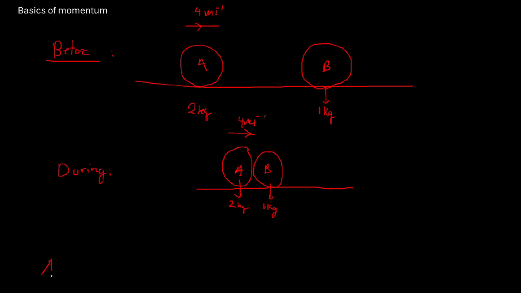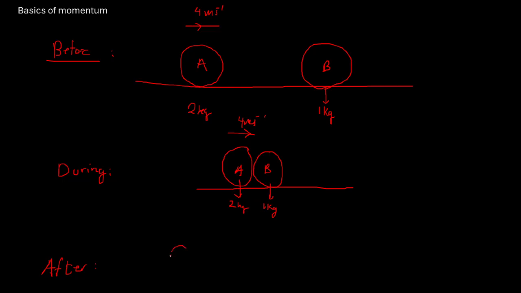And then after the collision, it's going to be a bit different. Naturally, what do you think is going to happen if you roll a ball towards another that is at rest? Well, both the balls will start moving now.